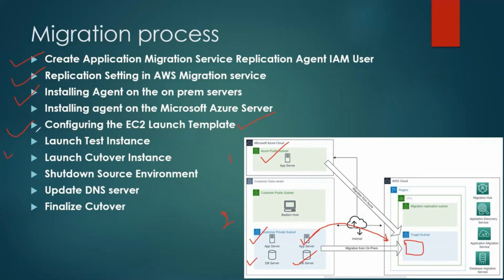Then once we have configured that and all the data is synced up, we will launch the test instance. Once we install the agents, the replication will start in Application Migration Service, and based on that replication, we can launch the test instance to perform the tests on the migrated servers.